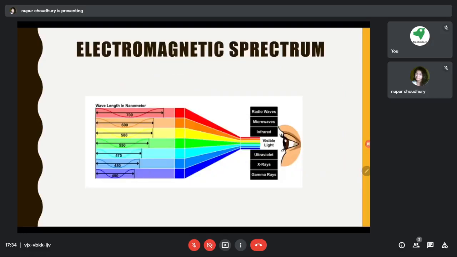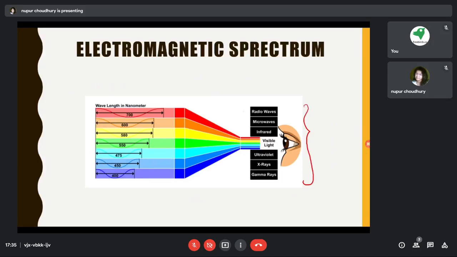If we talk about light, the first thing is that we have to understand the electromagnetic spectrum. If you look into this particular spectrum, it holds a number of frequencies which are actually existing in the form of waves.